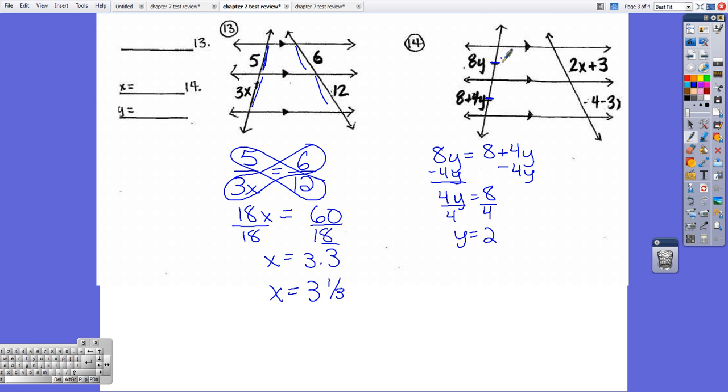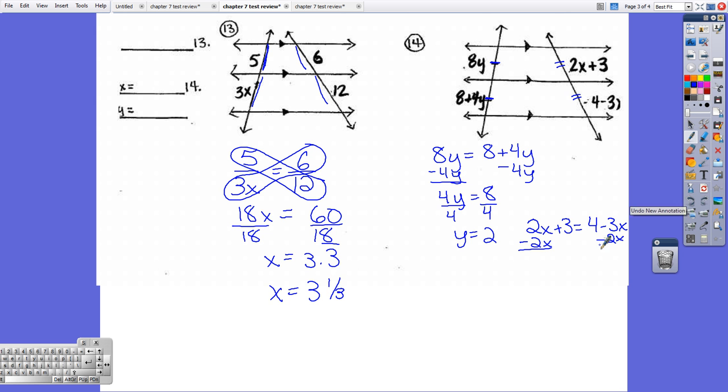Okay, if these two are equal, then these two have to be equal also in order to stay proportional. So I'll have 2x plus 3 equals 4 minus 3x. I'm going to subtract 2x from over here. That gives me negative 5x.